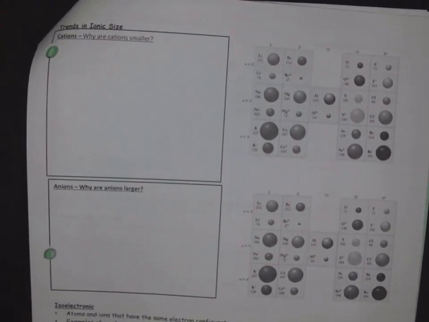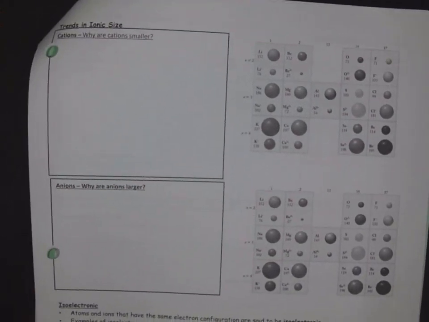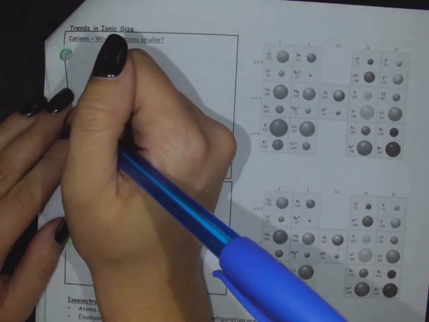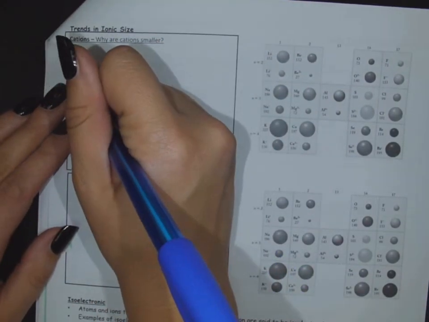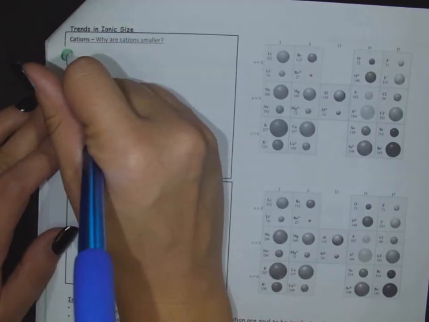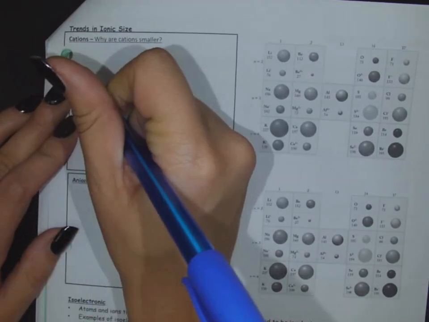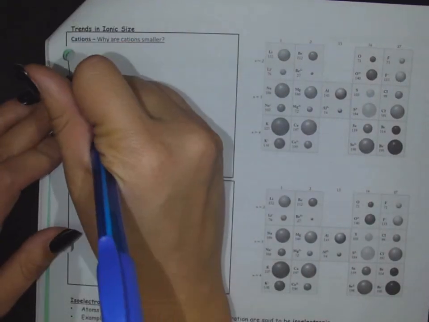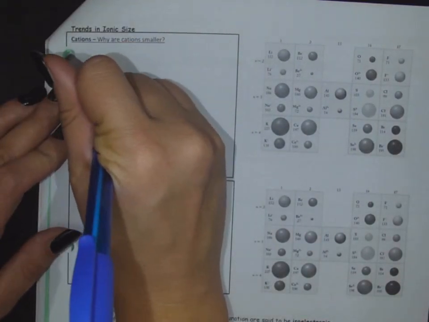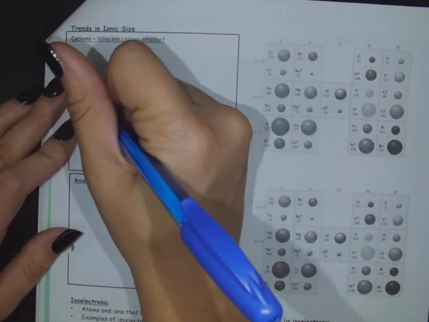We also talked about this. Why are cations smaller and why are anions larger? So cations remove electrons. We had the example of sodium. Sodium has 11 protons, and when it's neutral, there are 3 energy levels.